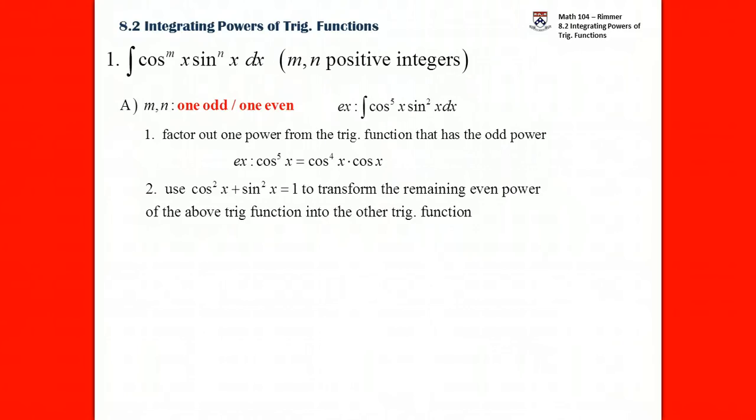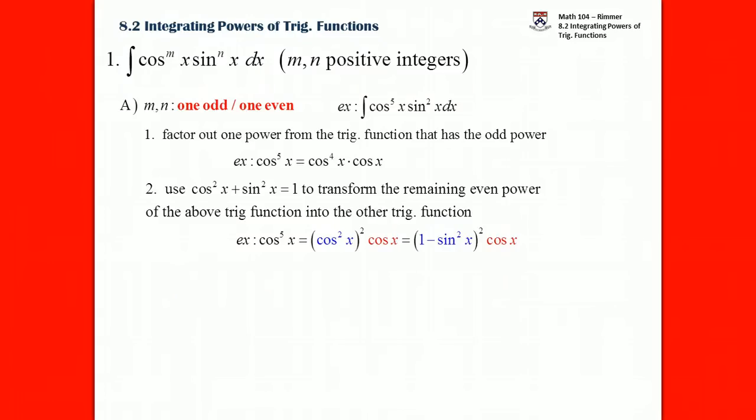For the rest of it, for the even power that's left over, this is cosine to the fourth in this example, just use your Pythagorean identity, sine squared plus cosine squared is 1, and transform that. So it's like I have a cosine squared and another cosine squared. If you want, you can call it cosine squared squared, or you can put two of them out there.